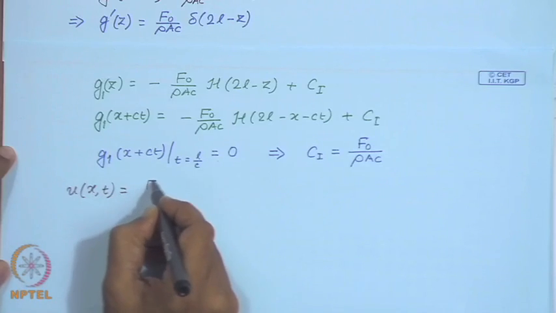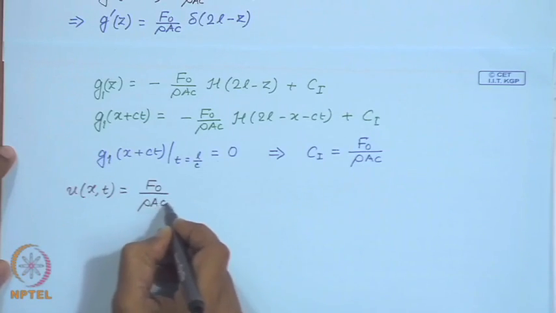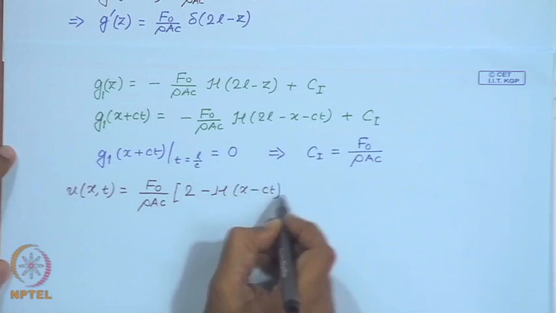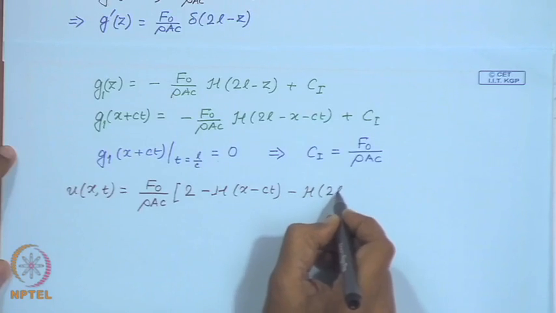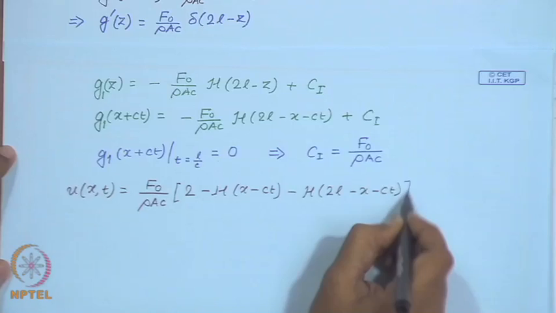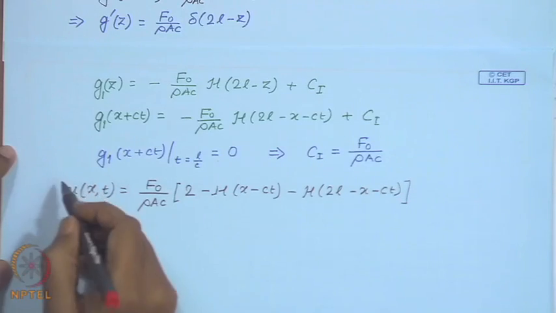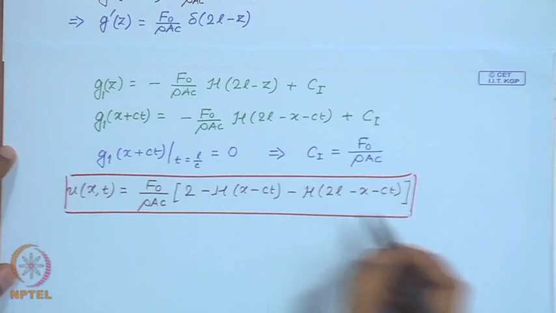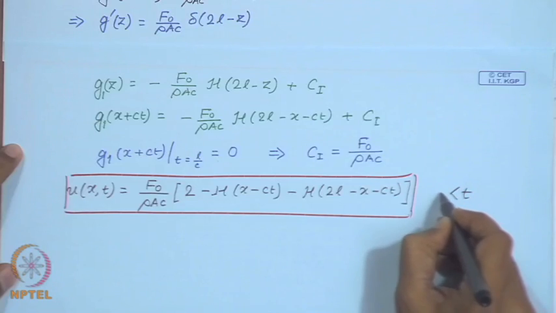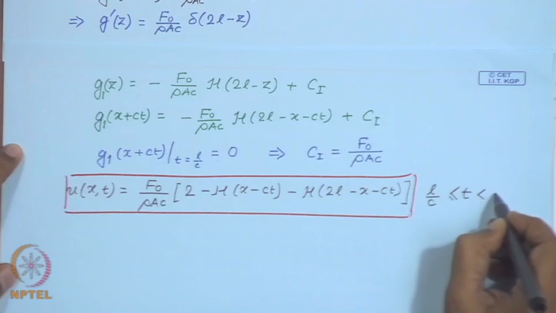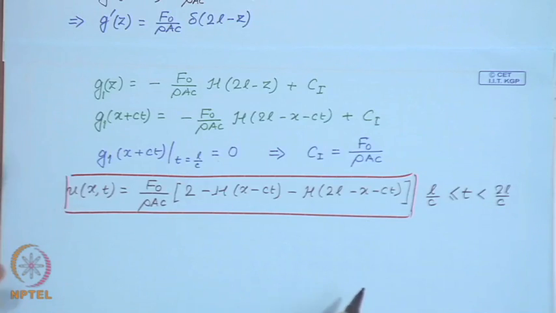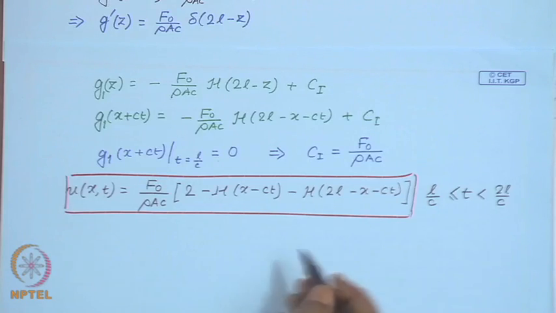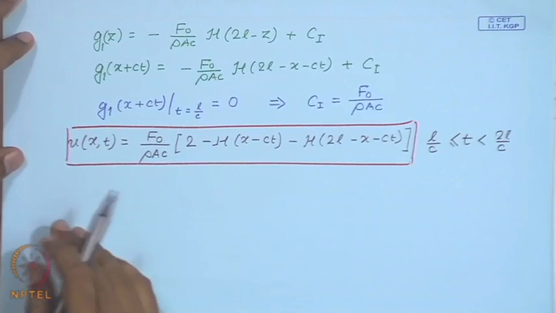finally the solution. So, this is a solution after the wave has reflected once from the right boundary, and this solution is valid in the time interval L over C to 2 L over C. Now, once again this wave is going to come back to the left boundary.